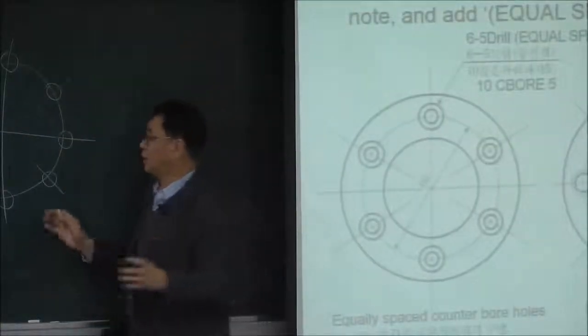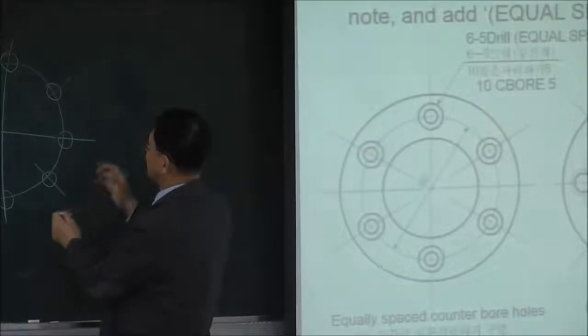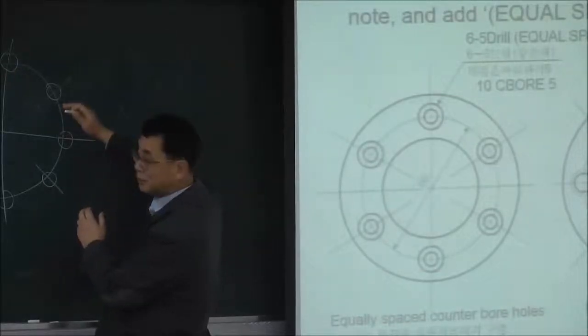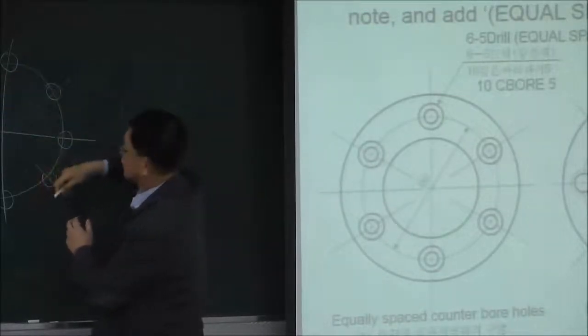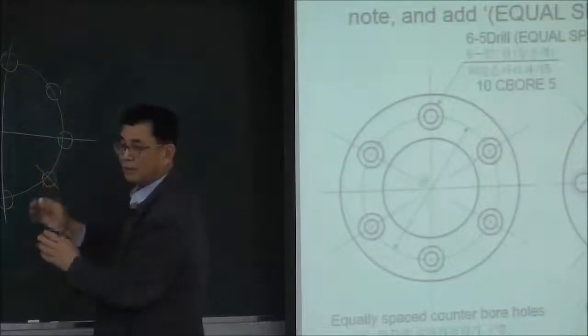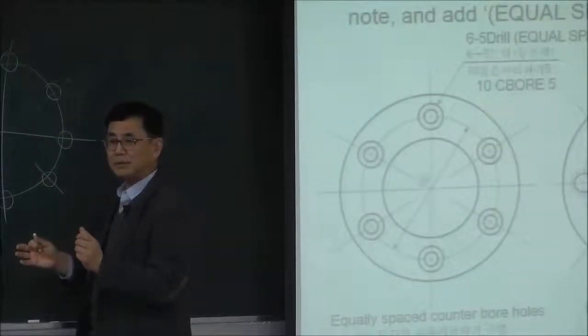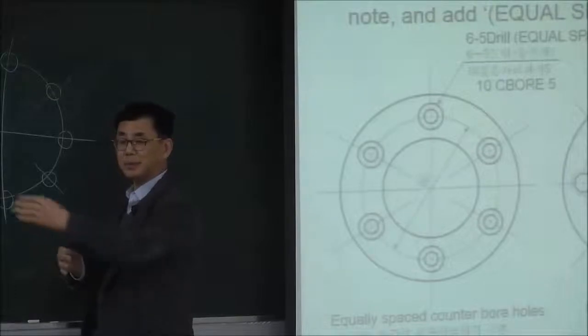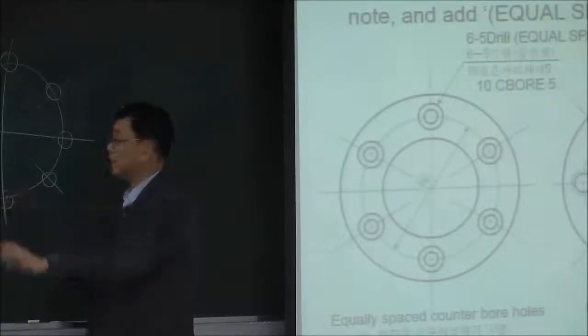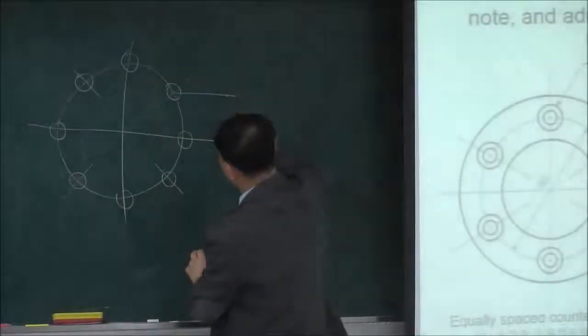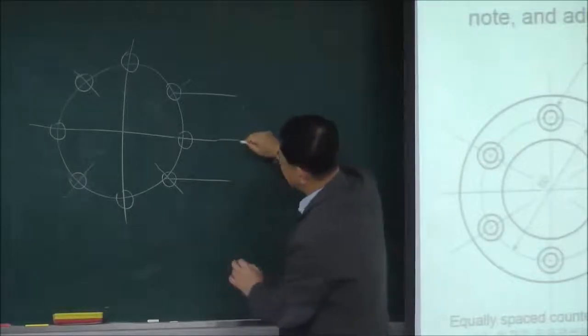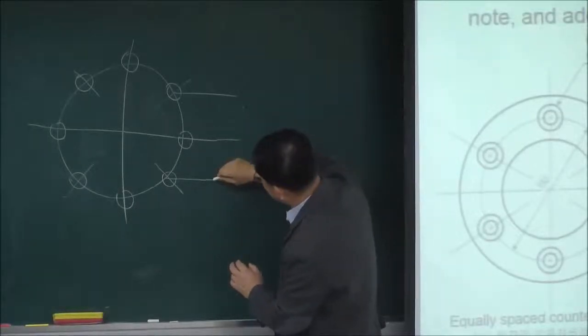Now maybe you try to place dimensions for each hole. Then, if you do not understand the importance of the note equal space, you may try to place dimensions like this.